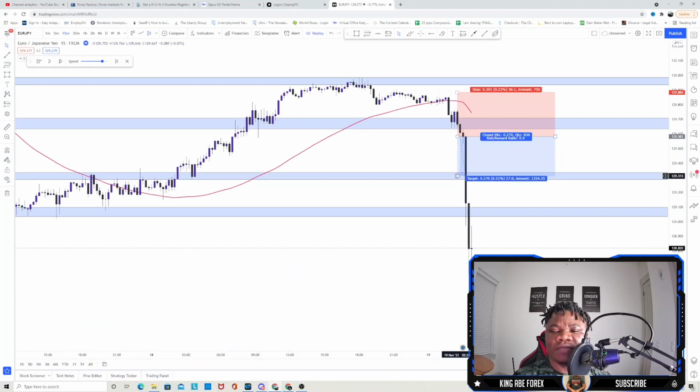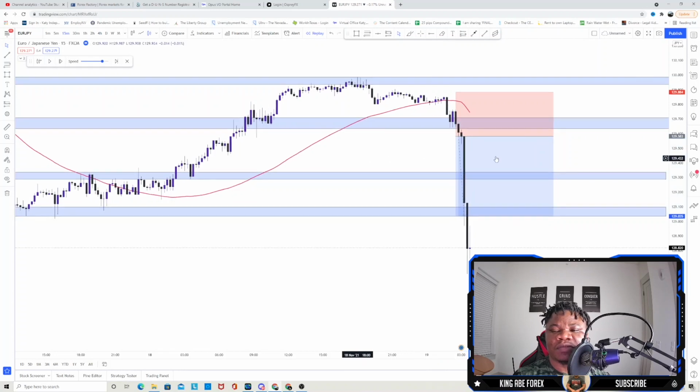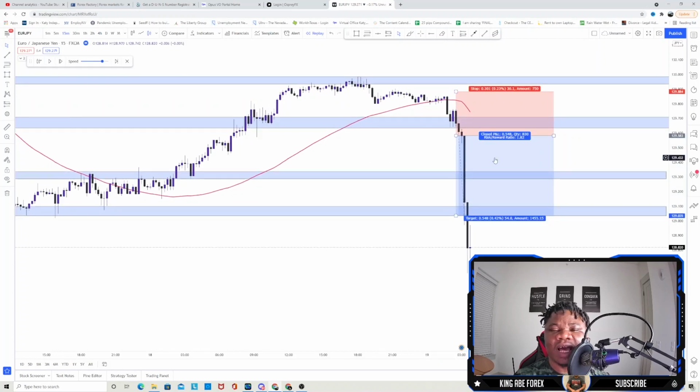So we have our first take profit here for 29 pips, as you guys can see, and we have our second take profit here for 54 pips right there. As you can see, we have our take profit smashed, and we have our risk reward ratio as 1:8.